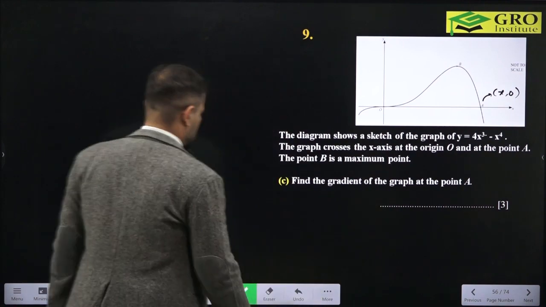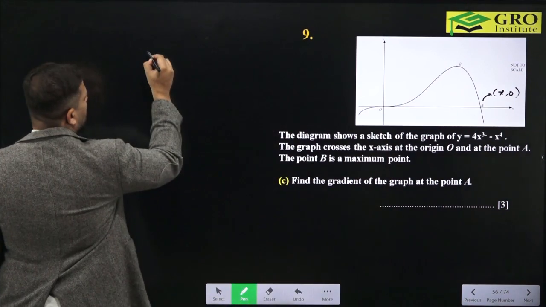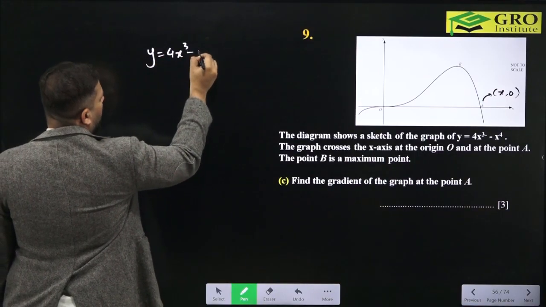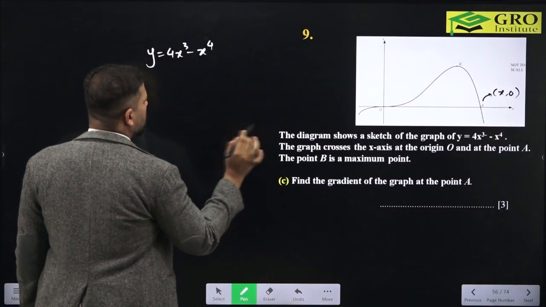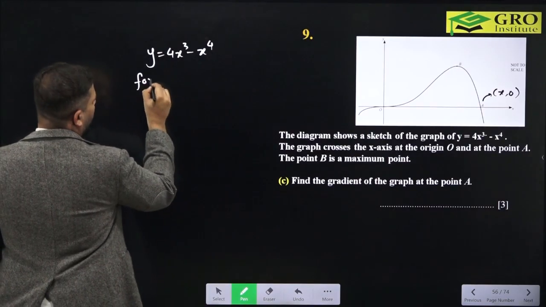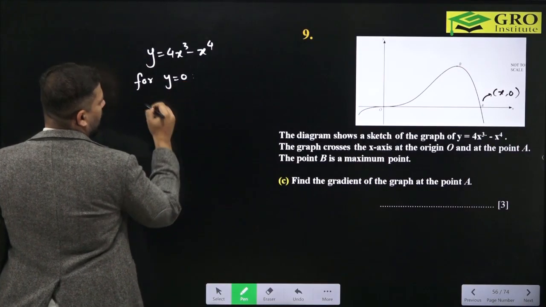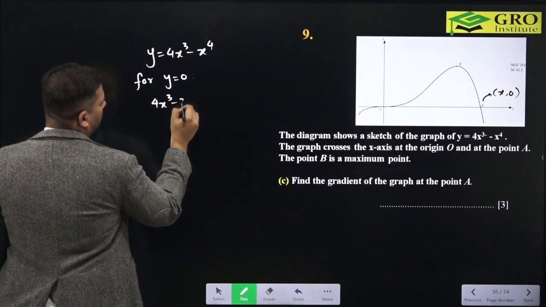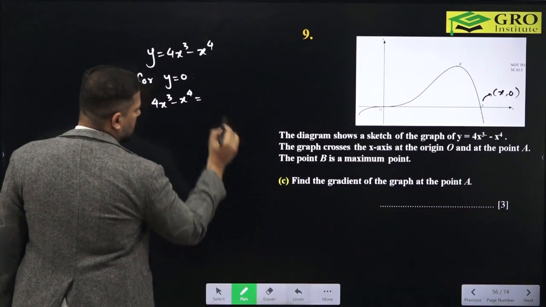Let us find it out first of all. We know that the equation of this graph is y equals 4x cube minus x raised to power 4. So we know that y equals 0. For y equals 0, we will find out the corresponding values of x. So it is going to be 4x cube minus x raised to power 4 equals 0, isn't it?